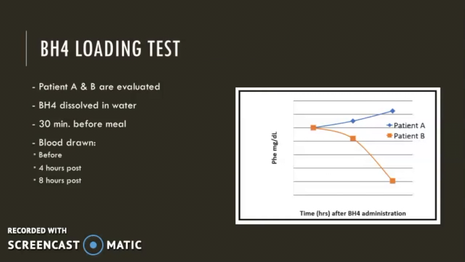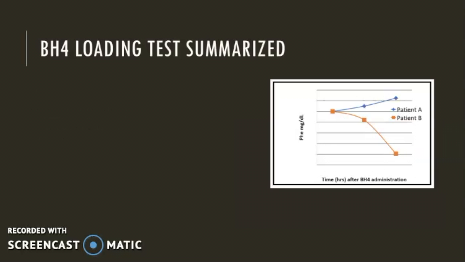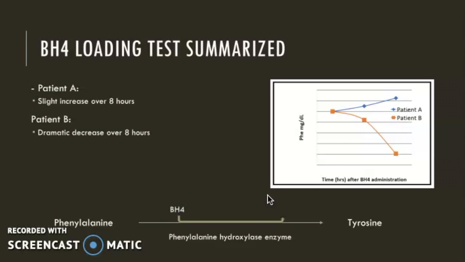To summarize the test, BH4 is a cofactor. It's tetrahydrobiopterin, and it is required for the metabolism of phenylalanine, tyrosine, and tryptophan. This is that reaction down here.